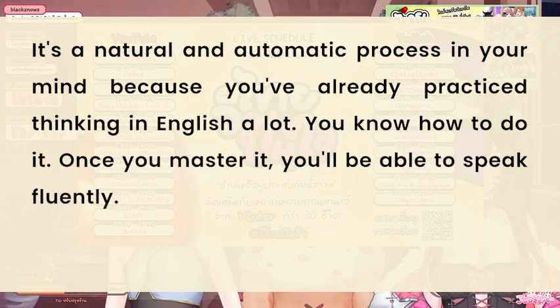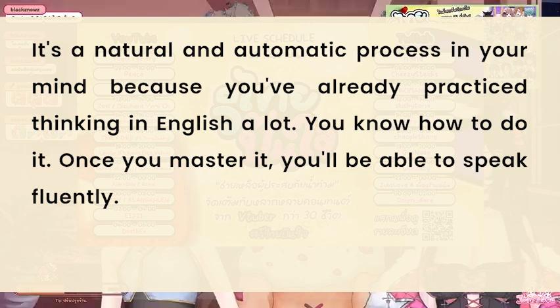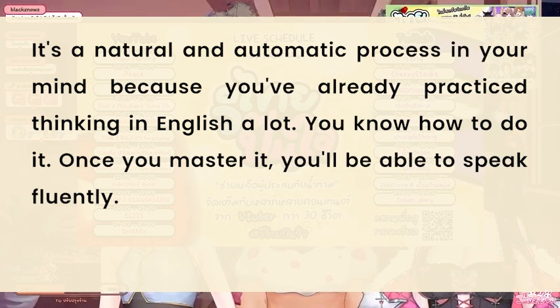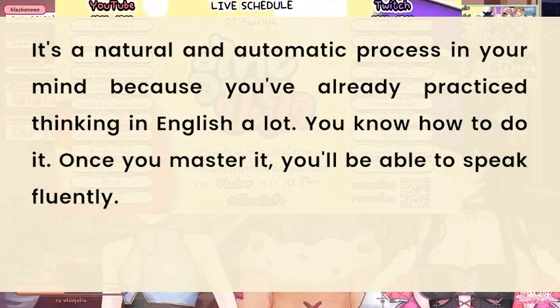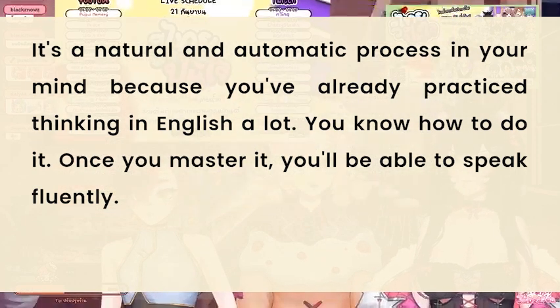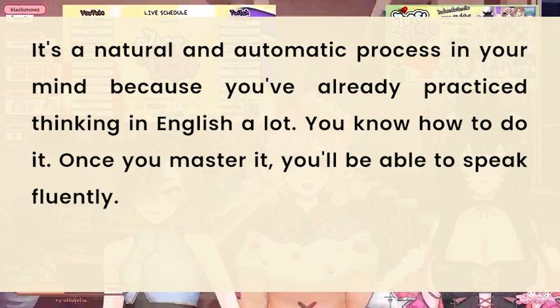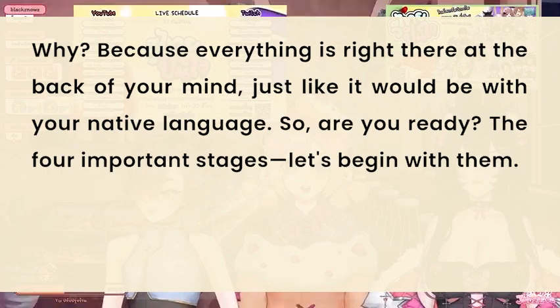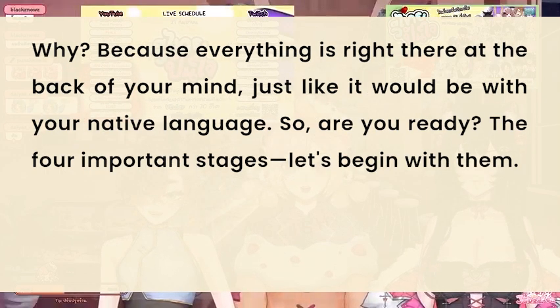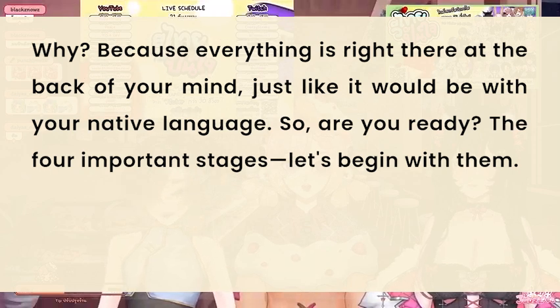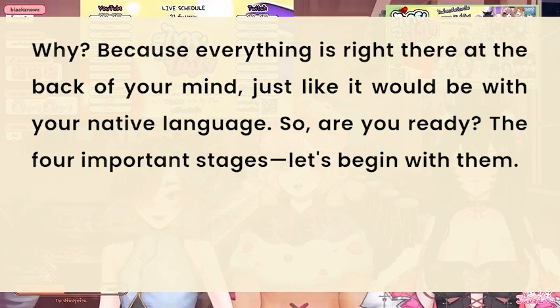It's a natural and automatic process in your mind because you've already practiced thinking in English a lot. You know how to do it. Once you master it, you'll be able to speak fluently. Why? Because everything is right there at the back of your mind, just like it would be with your native language. So, are you ready?